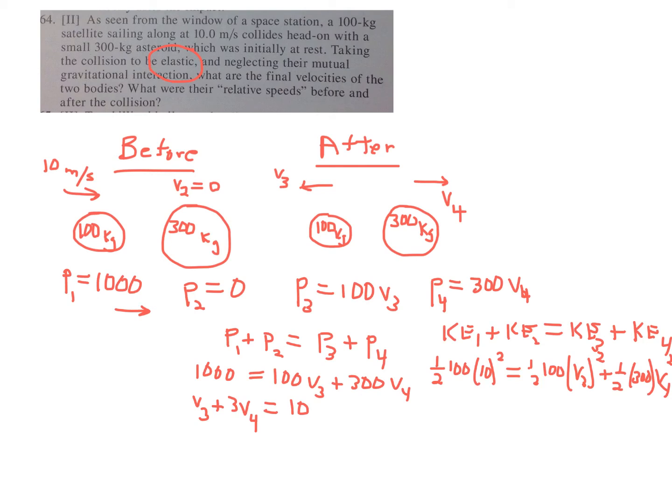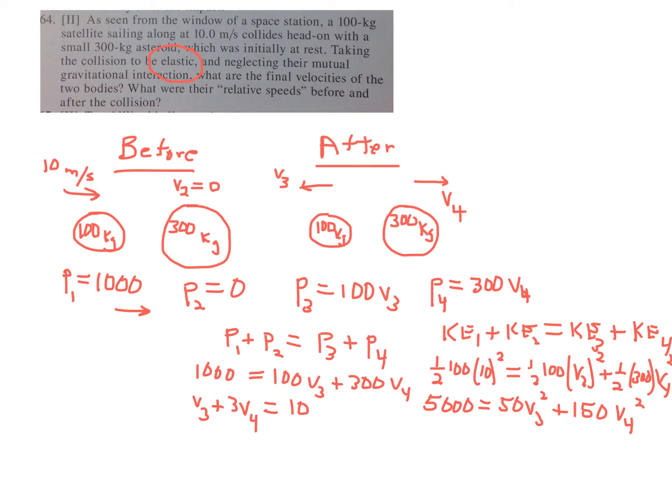Okay, over here on the right, multiplying all the numbers, 10 squared is 100 times 100 is 10,000, divided by 2 is 5,000, equals 50 v sub 3 squared plus 150 v sub 4 squared.